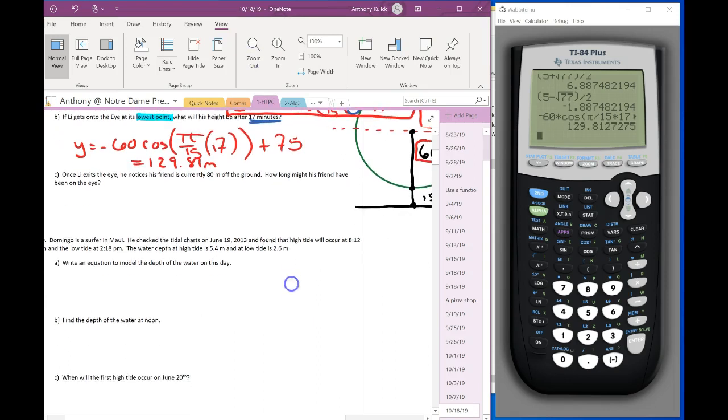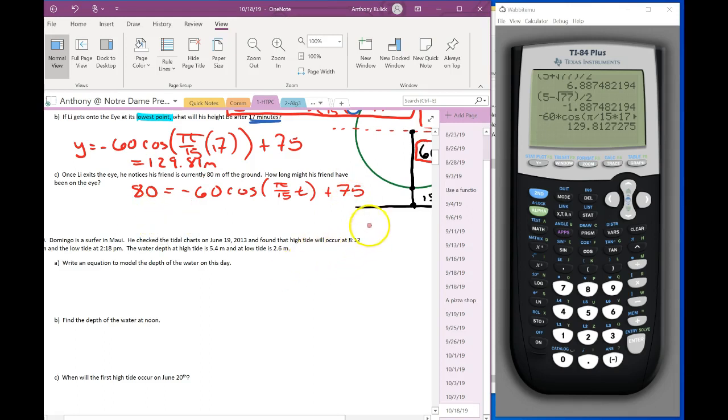It says for C, once Lee exits the eye, he notices his friend is currently 80 meters off the ground. How long might his friend have been on the eye? So to solve this, I'm just going to plug 80 in for my value for H and solve for T. So to do this, I'm going to start by subtracting 75 from both sides.